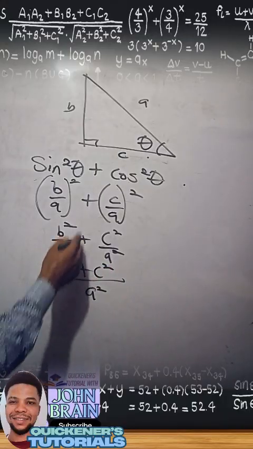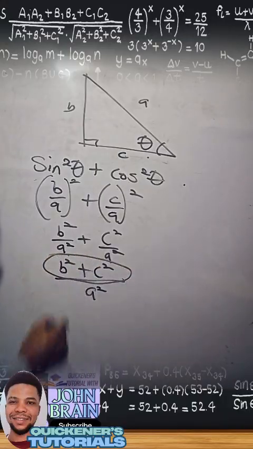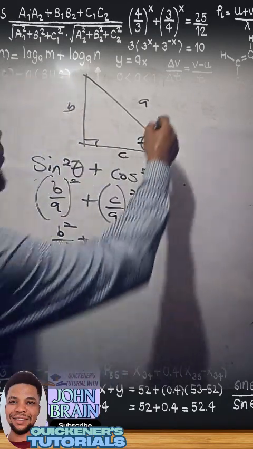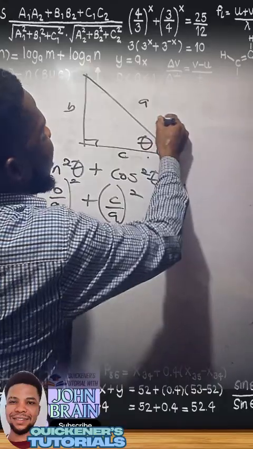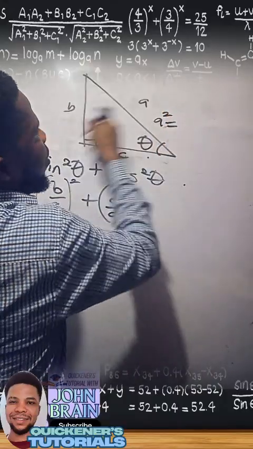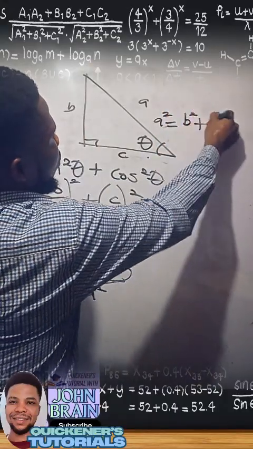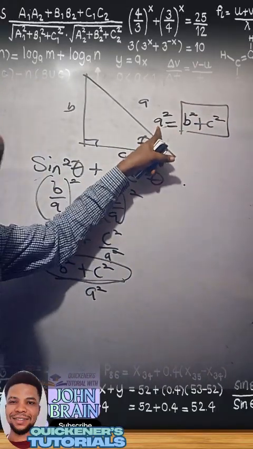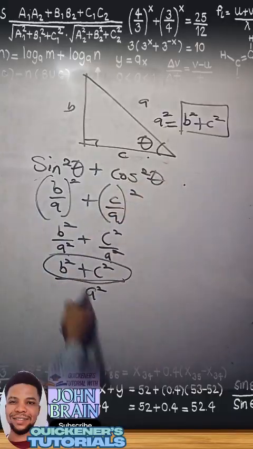Now, if you go back to Pythagoras theorem, we discover that A square is the same thing as B square plus C square. So anywhere we see B square plus C square, we have that as A square. So do that for this one.